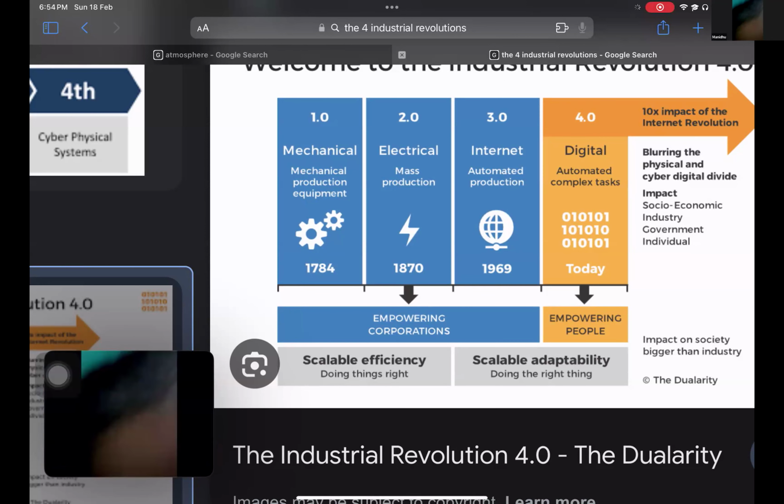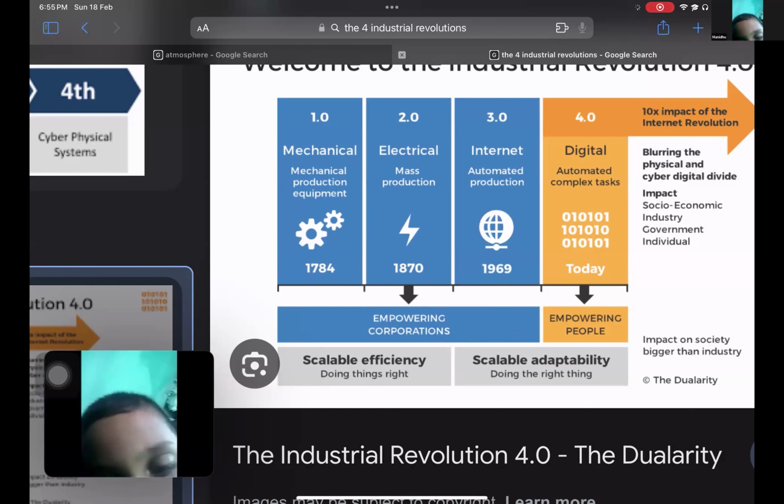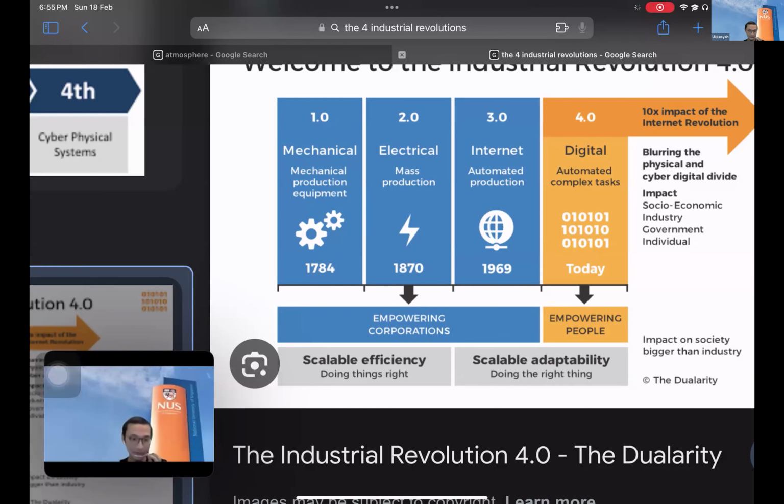And that is because businesses are now more focused on having people designing the complex system of Industry 4.0. So they want people to design systems which can work much more efficiently than the previous system, which is the internet system. They want people to know how to maintain those systems in a much more efficient way.